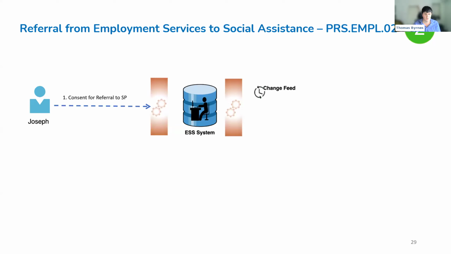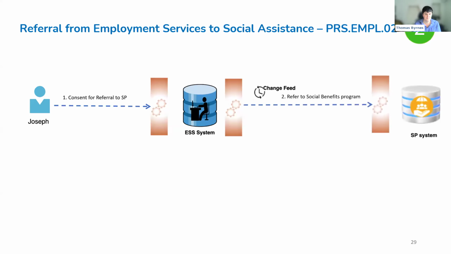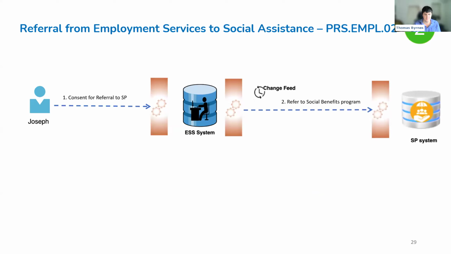Once the consent is recorded, the Employment Services System sends a structured referral to the Social Protection MIS. This is again using, ideally, the DCI referral payload or any other structured, standardized data package, and is transmitted securely through an interoperability layer. We can go to the next part. There you go, it's going on.